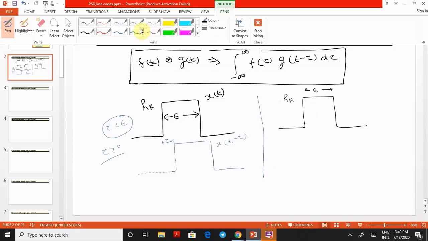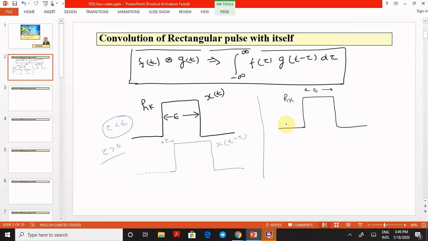Now I have to make a shifted version, so I shift this pulse in this direction by tau. So for example, this is our shifted version. This delay is tau, right? So this point is tau. This is the horizontal view to show the shift, and this was the vertical view to show the shift, right?